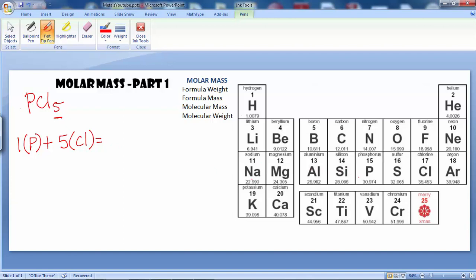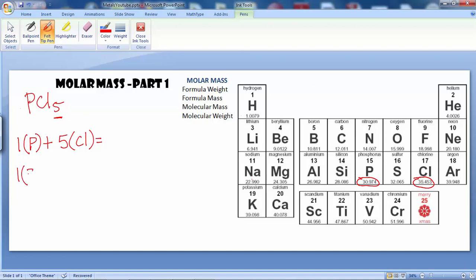Okay, so now we have to go to our periodic table, and we have to look at the atomic mass of phosphorus, and we have to look at the atomic mass of chlorine. Why? Because those two make up this compound. So the atomic mass of phosphorus is what?